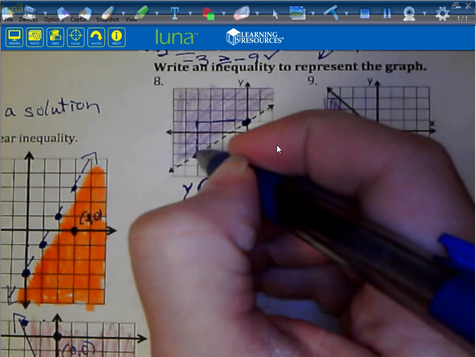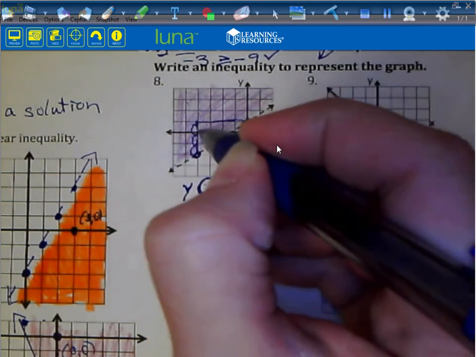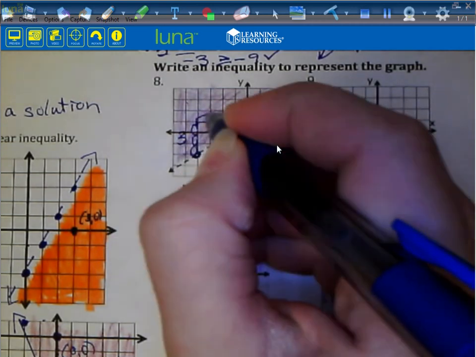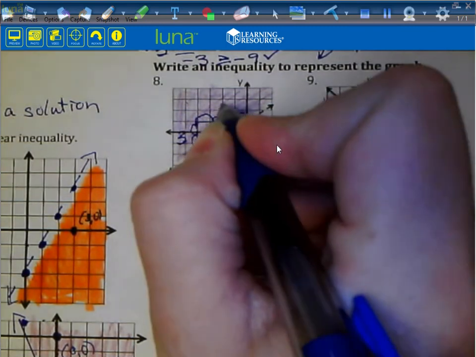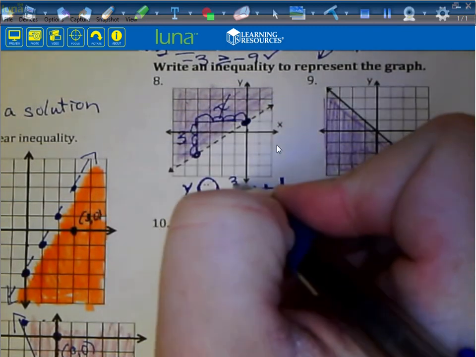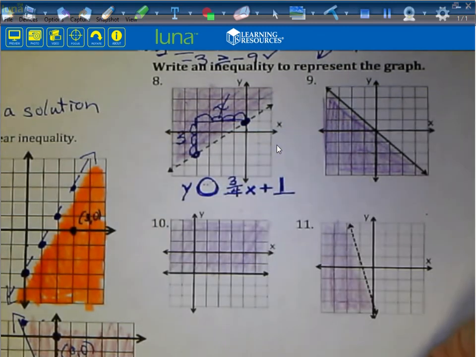So my rise is going to be 1, 2, 3. And my run is going to be 1, 2, 3, 4. So I rise 3, run 4, and I'm going to write that 3 over 4. So 3 over 4, x plus 1.